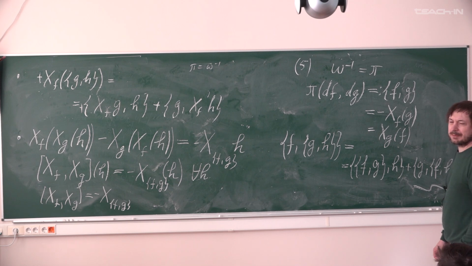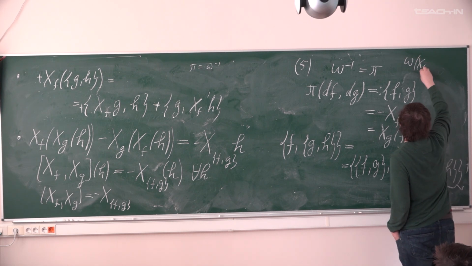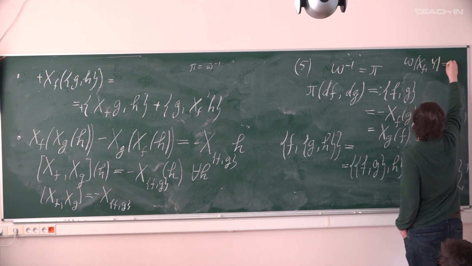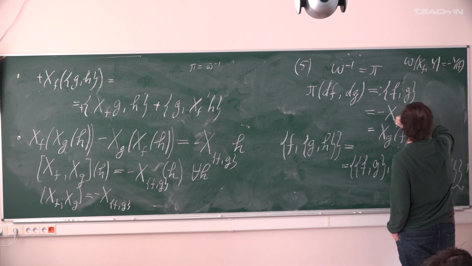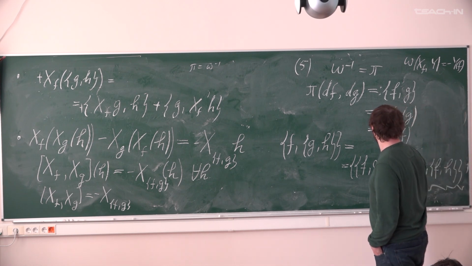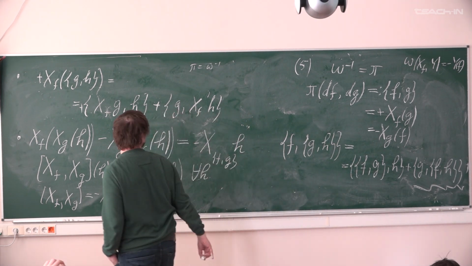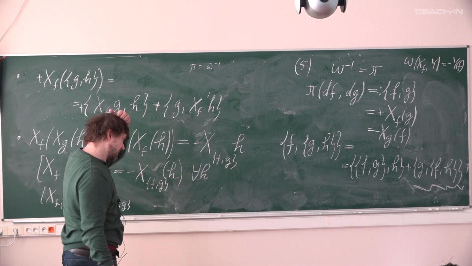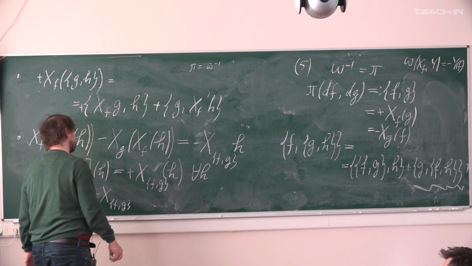I just don't remember the definition: X_f y is equal to minus y of f, right? That's probably what makes it plus here. Please check the sign. In that case, nothing will change here, and nothing will change here, but here I have plus, and that's better.